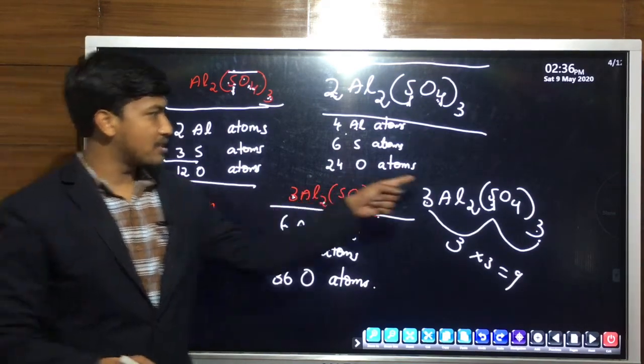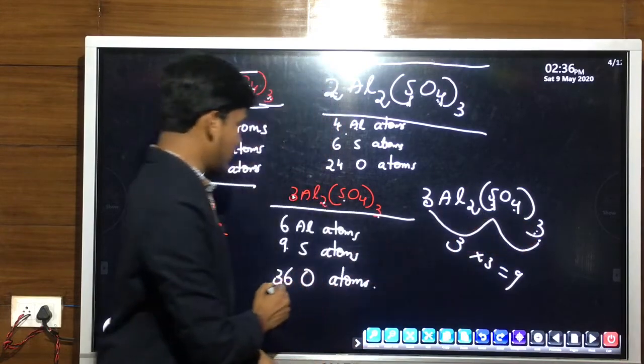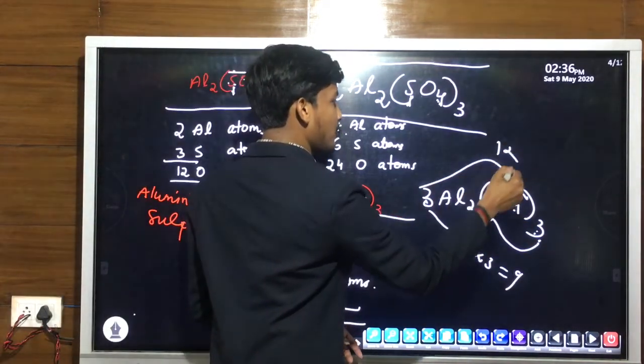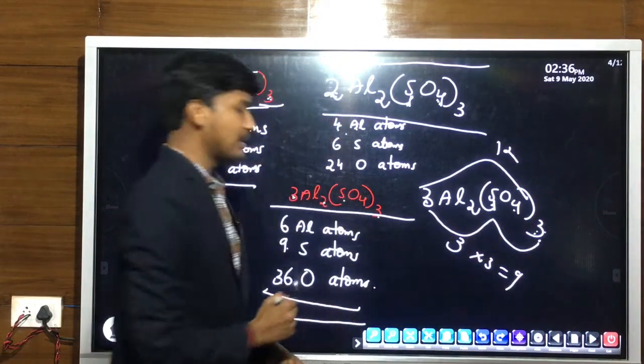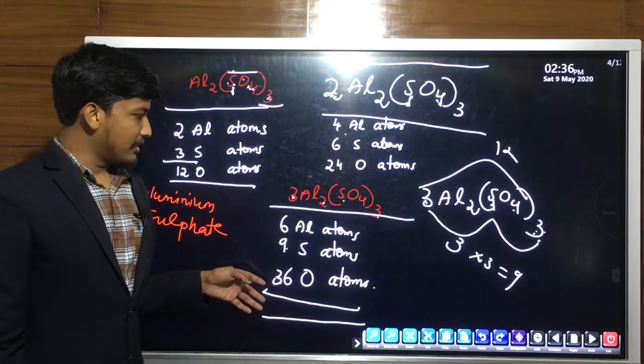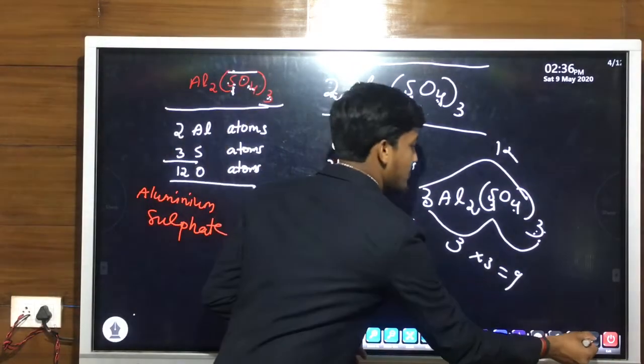Then what about oxygen atoms? 3 into 4 is 12, 12 into 3 is 36 oxygen atoms. So in this way we can count the number of atoms of any compound.